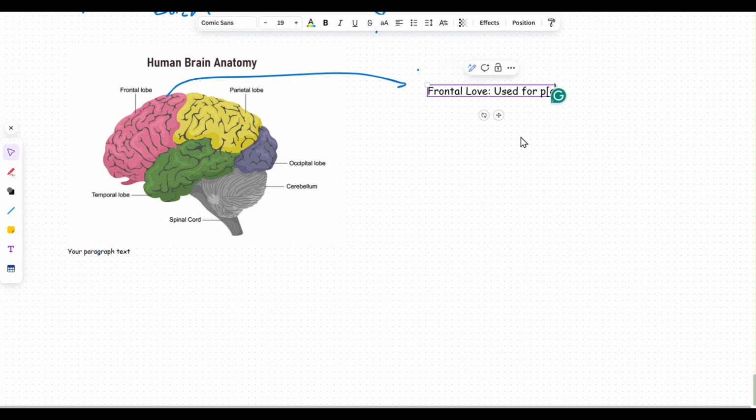Your personality is in the frontal lobe most likely. It's used for personality, decision making, and problem solving, I think. Oh, and movement. Sorry. Decision making and movement.